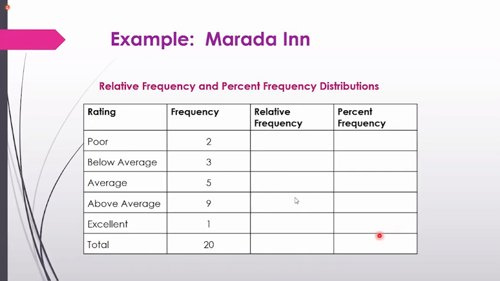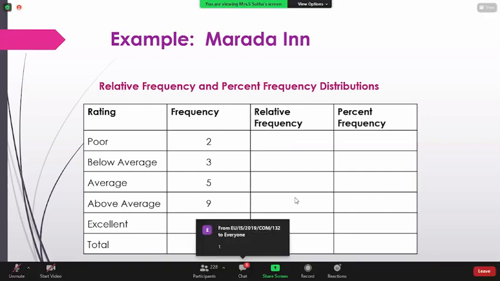And each and every one, you have to keep the calculator with you when you are coming to the class. Right. Now, what is the relative frequency for the first class, poor? Tell the answer.